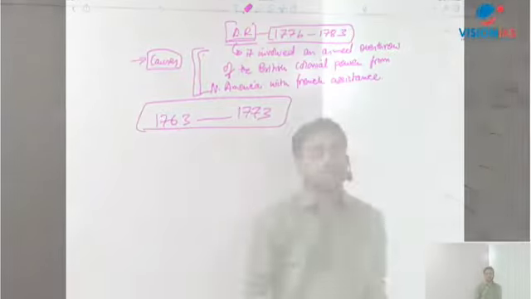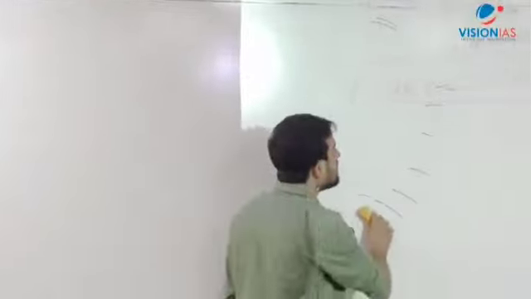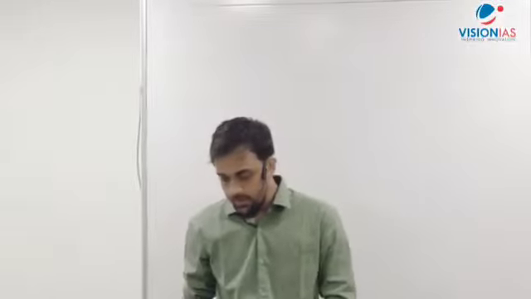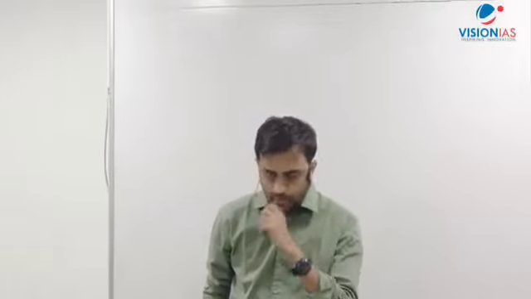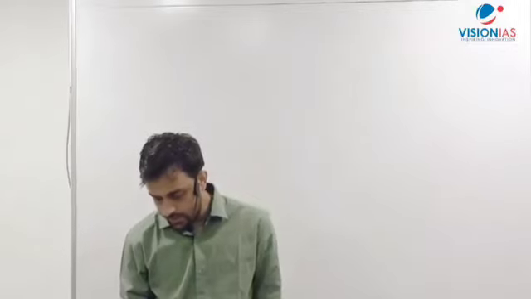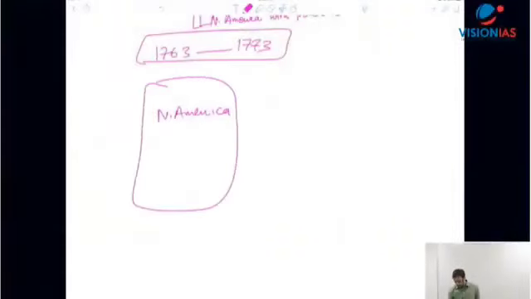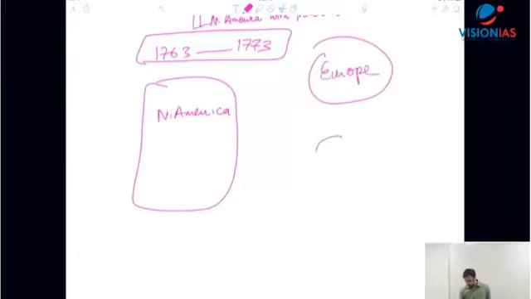For example, from the 1650s itself the British had something called the Navigation Acts. Now, what were these Navigation Acts? This is important to know. Say this is North America, this is Europe, and this is Africa.